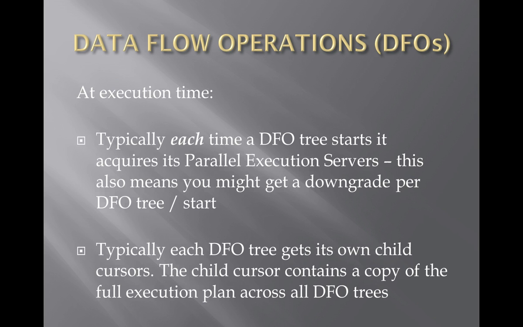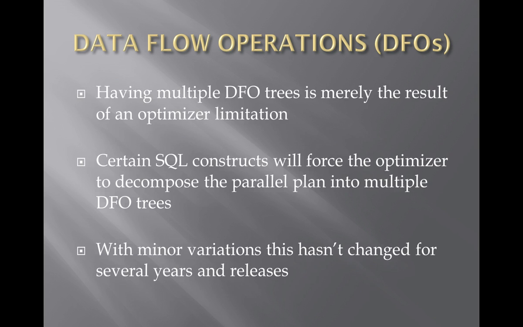Right, so I think we are almost done with the theory. Just to wrap things up, another interesting point to understand is that it's not really desirable to have multiple DFO trees.